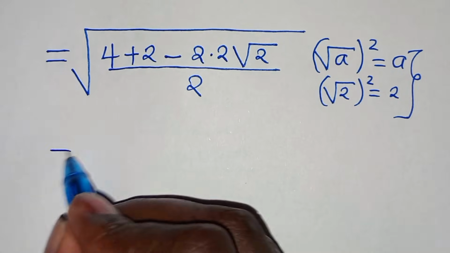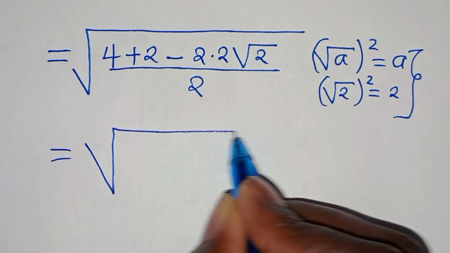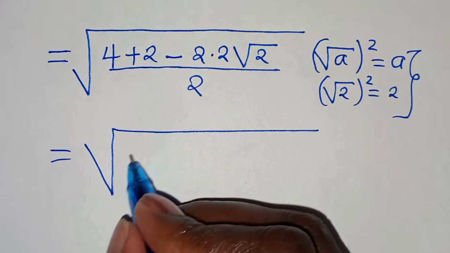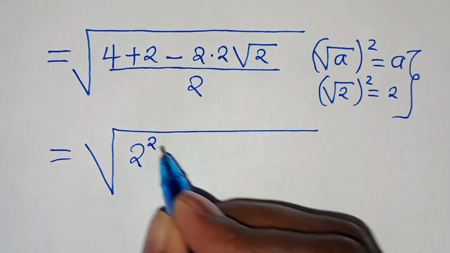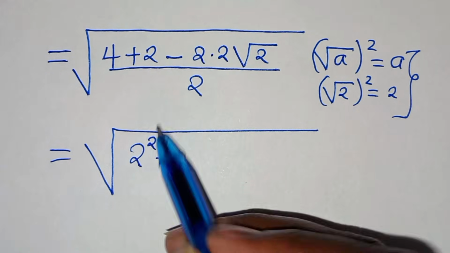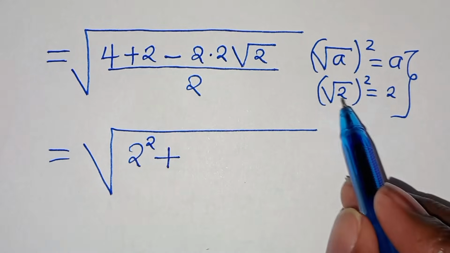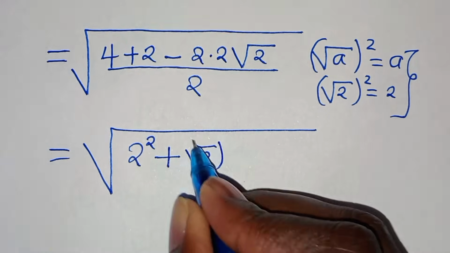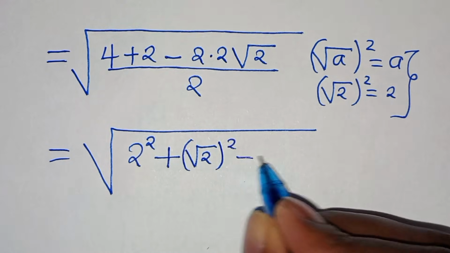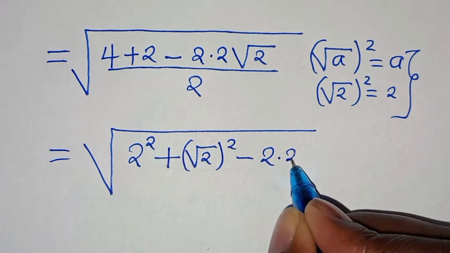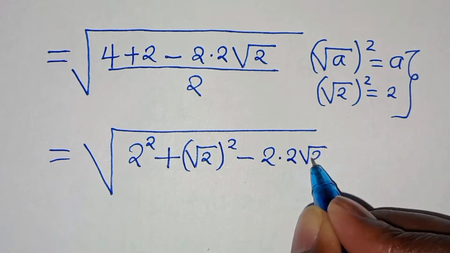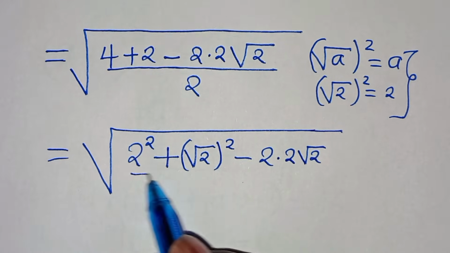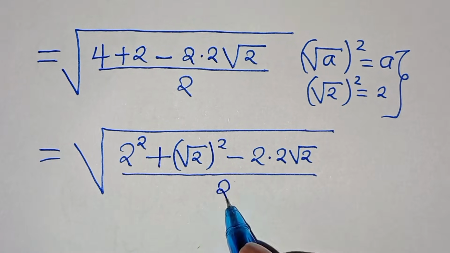Now this implies that we have the square root of 4. We can express 4 as 2 to the power of 2, then plus. Now we can express 2 as the square root of 2 to the power of 2. So we have the square root of 2 raised to the power of 2, subtract 2 times 2 multiplying by the square root of 2, then everything here divided by 2.